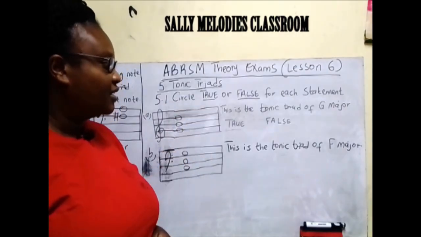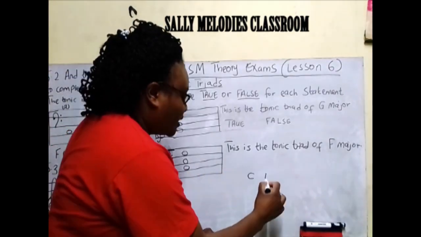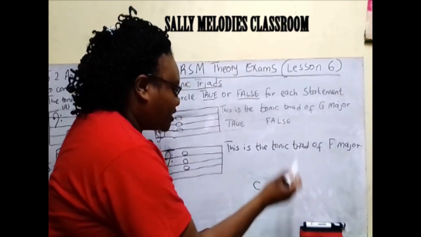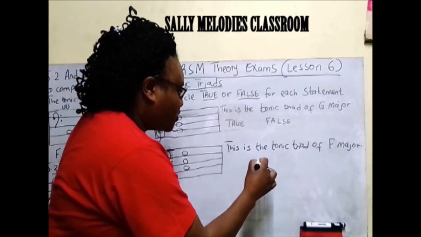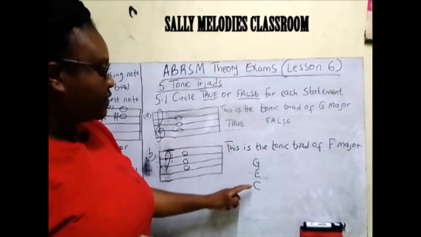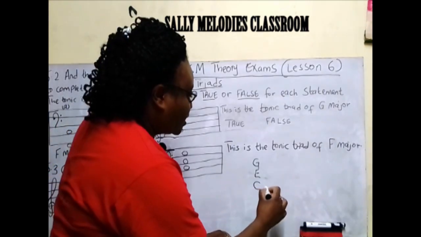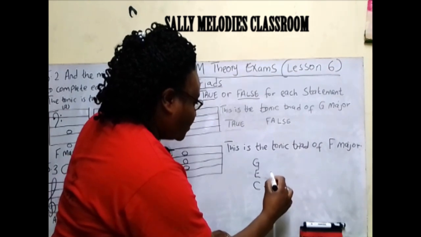For example, the tonic triad in the scale of C, you write C, and then you write the third, which is E, and then you write the fifth, which is G. That is what we call a triad. When it comes to solfege, it's do, mi, so.